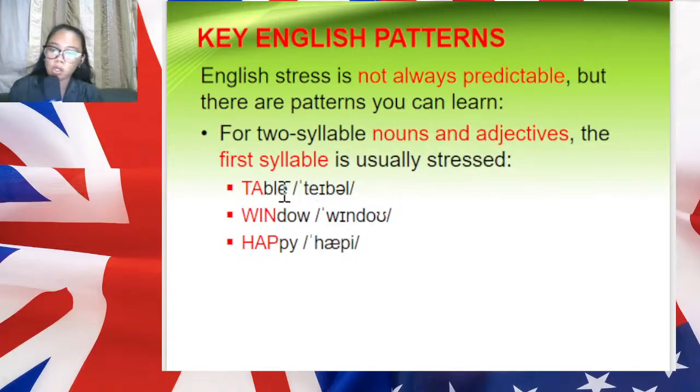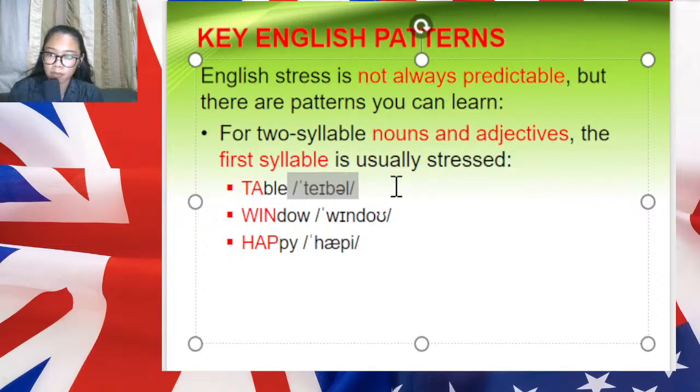Now, if you look at the IPA transcription, I provided the IPA transcription beside it, for table, window, and happy. All of these IPA transcriptions are inside a slanted bracket because that's how it should be written.